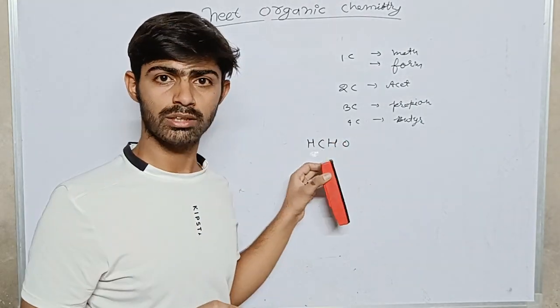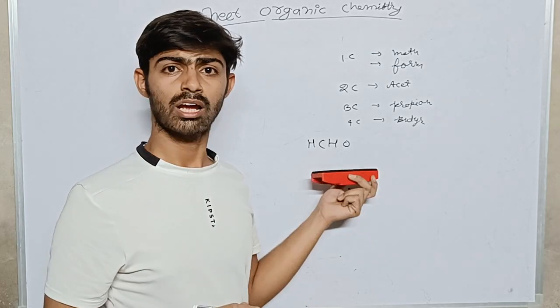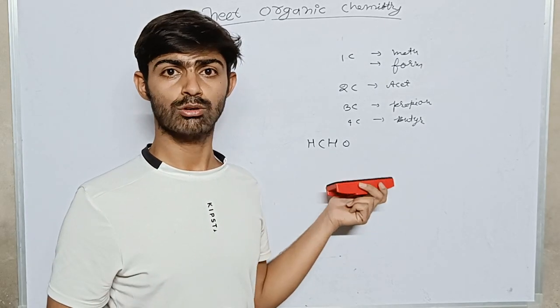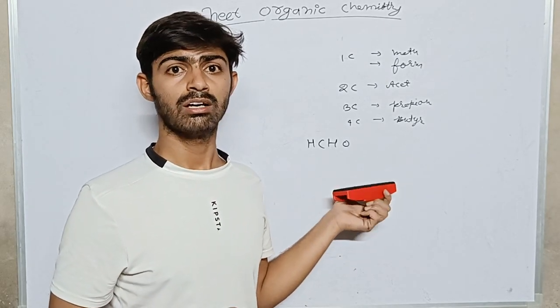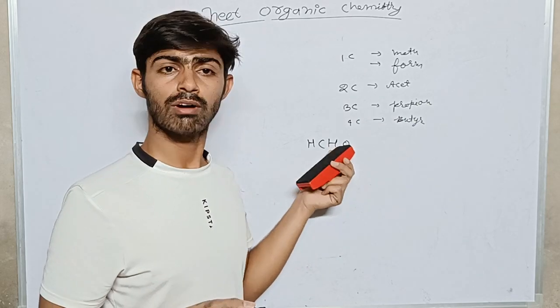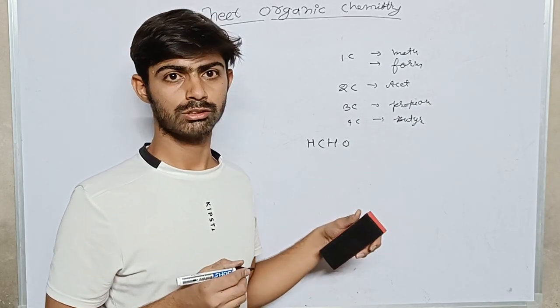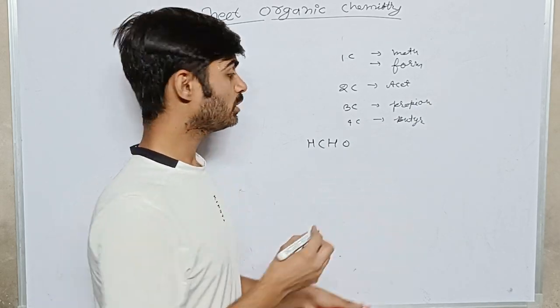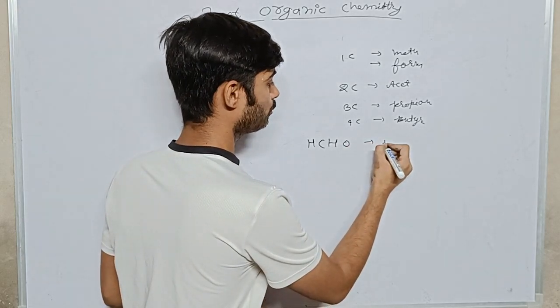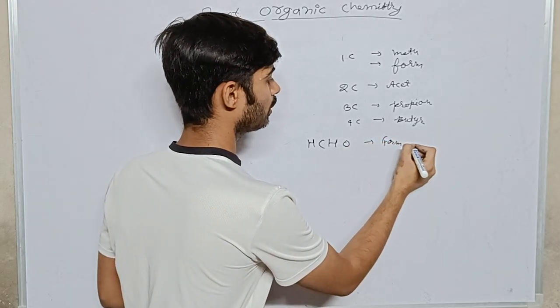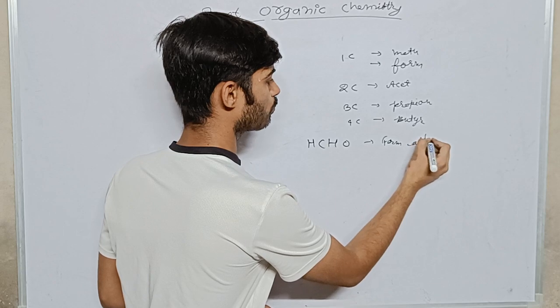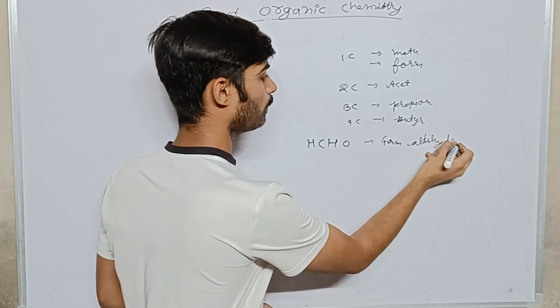HCHO. This is formaldehyde. Many times in questions they ask what formaldehyde gives when it reacts with HCl. If you don't know what formaldehyde is, how can you solve this question? So you need this. This is formaldehyde. Okay.